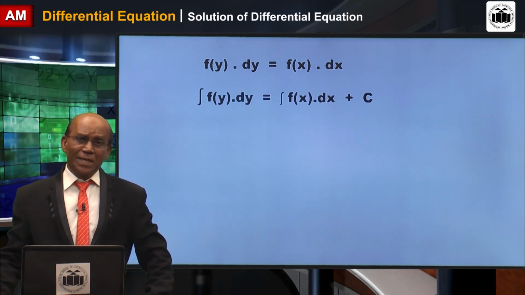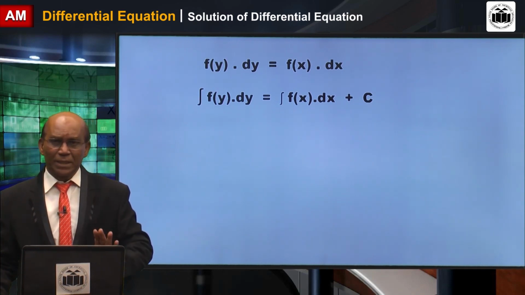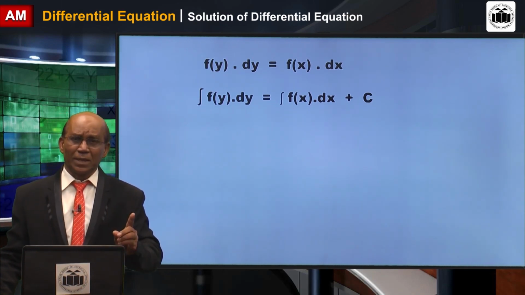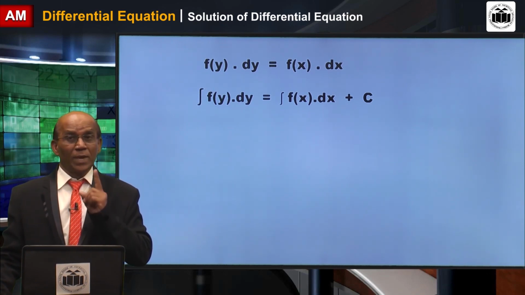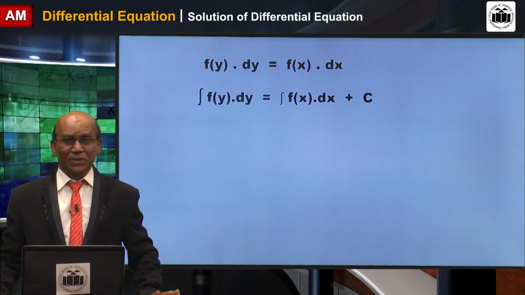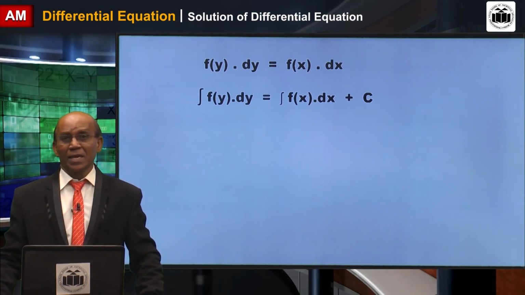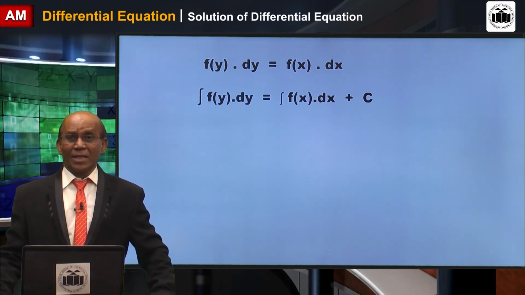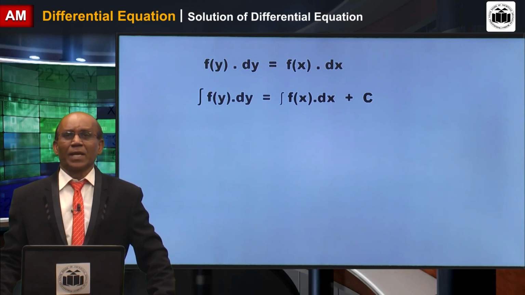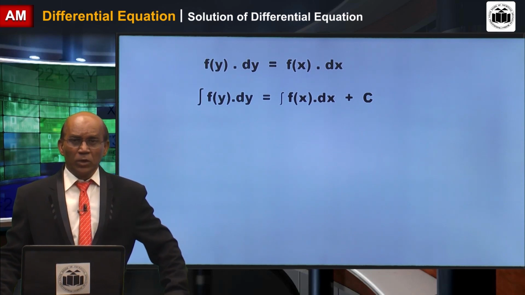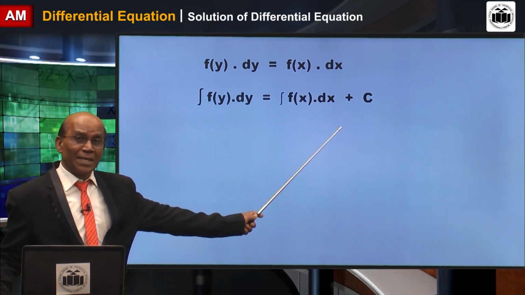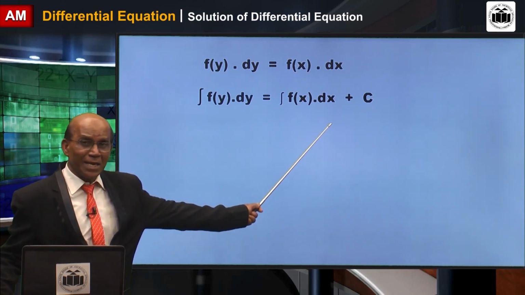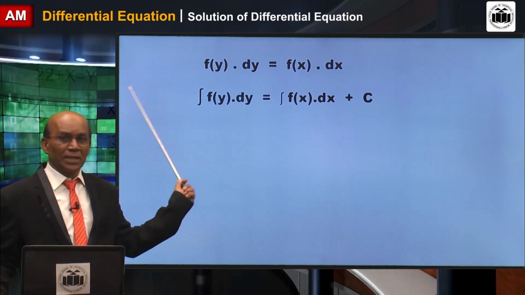This is a variable separable equation containing two terms, and hence we say variables are separable in this equation, and then we can integrate it as integral of f of y dy equals integral of f of x dx plus c. Here we give the constant of integration plus c on either side. We can take plus c on this side also.